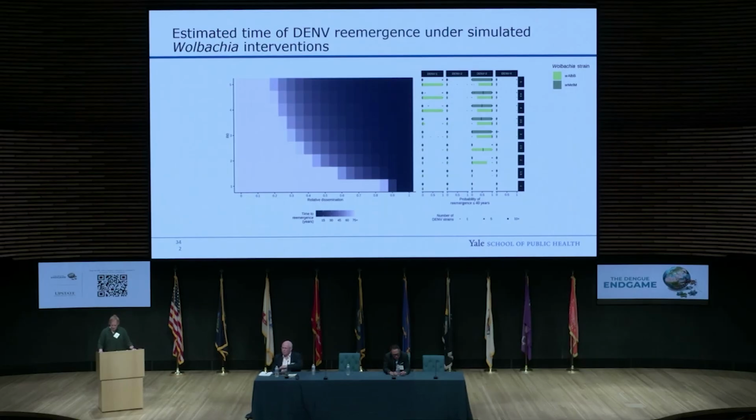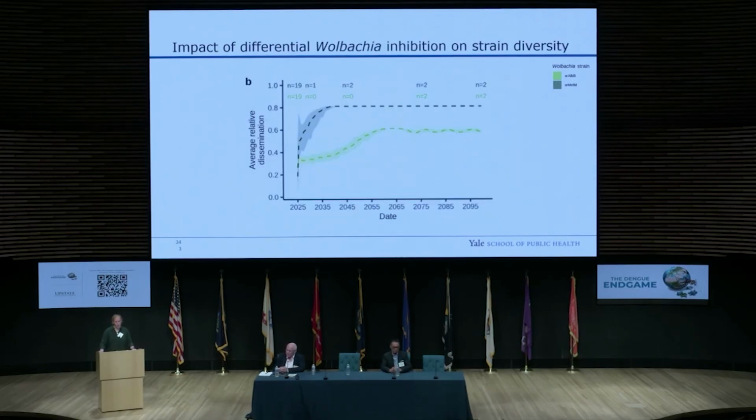The final analysis that we did was looking at the selection and diversity of viruses, like how the rollout of Wolbachia would impact diversity over time. And that's what we were showing here. In this version of the model, we have 5 strains per serotype circulating, so 20 total at the start. And then we see how selection occurs, how many viruses are left, and what their average relative dissemination is.